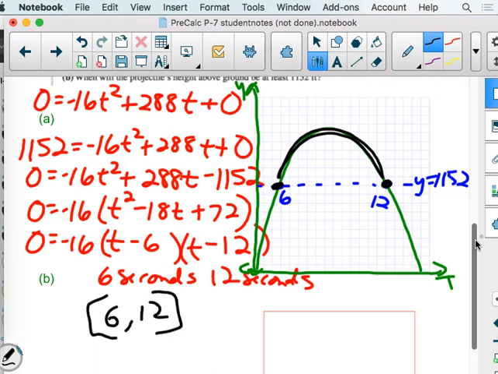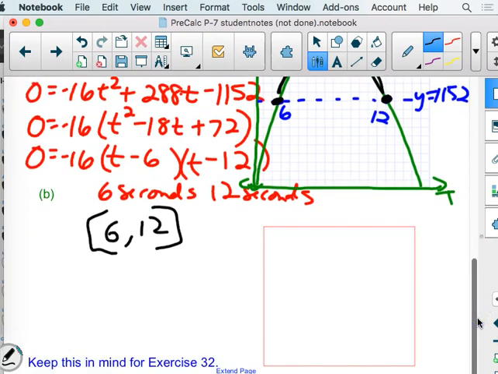Yeah. And now, just like in physics, if you were answering this, you'd like to give a sentence that just kind of pulls it all together. And we would tell them between 6 and 12 seconds, including the 6 and the 12. So something like that, but we have a fancy word for it. It's called inclusive.